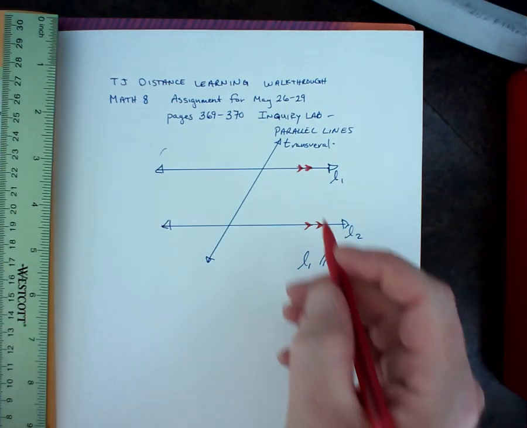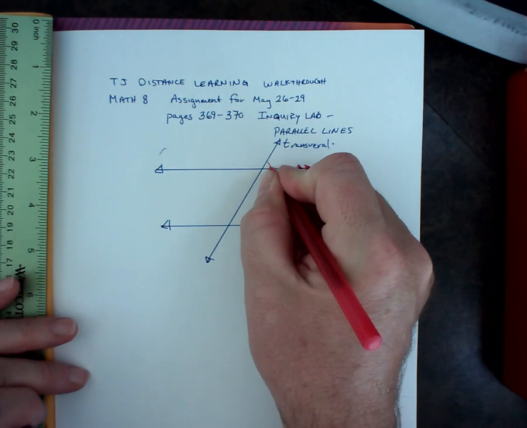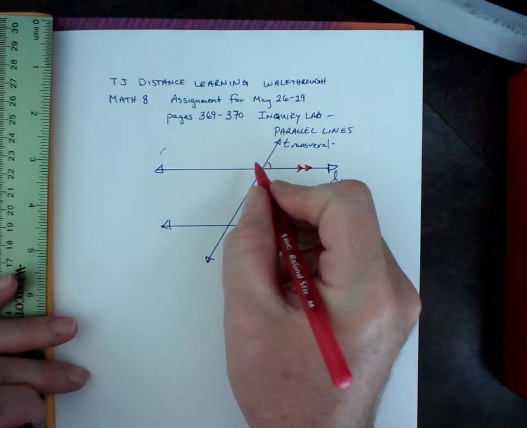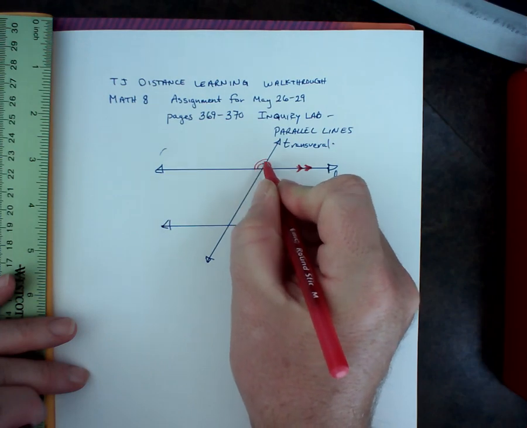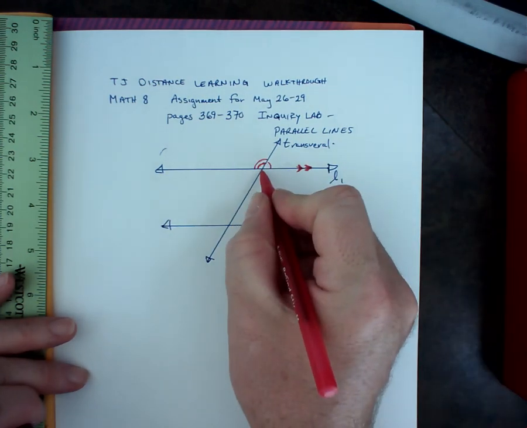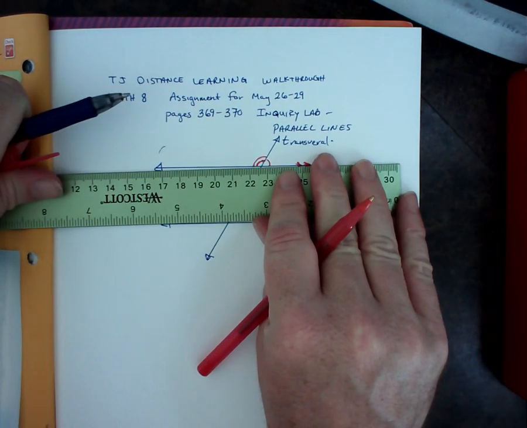And then we have our transversal line, and it creates a unique angle here. So we'd have an angle here, and then we'd have a different obtuse angle created here, and we'd use 2 markings for that. And then this other angle here, if we look at it, this forms a semicircle.